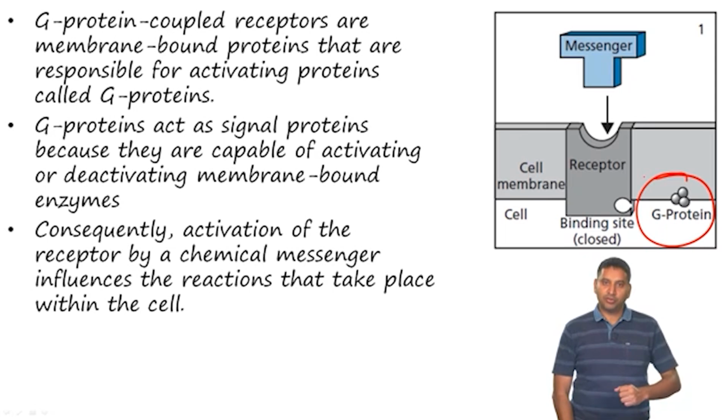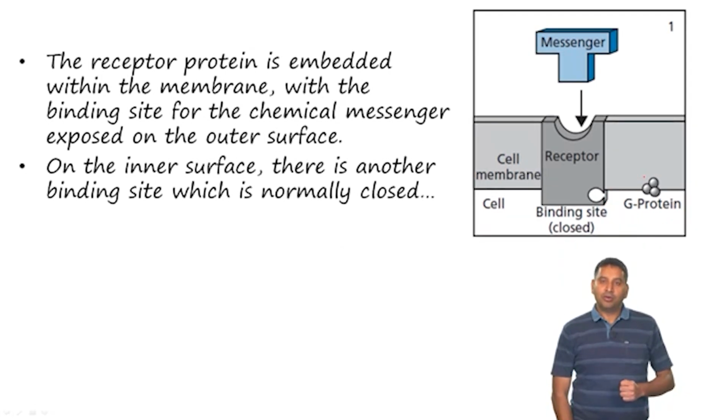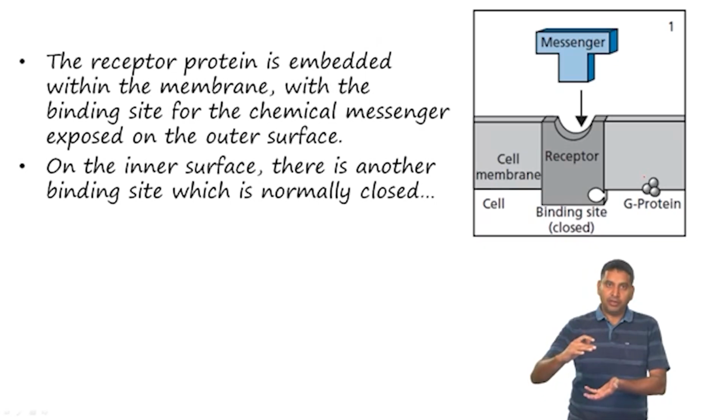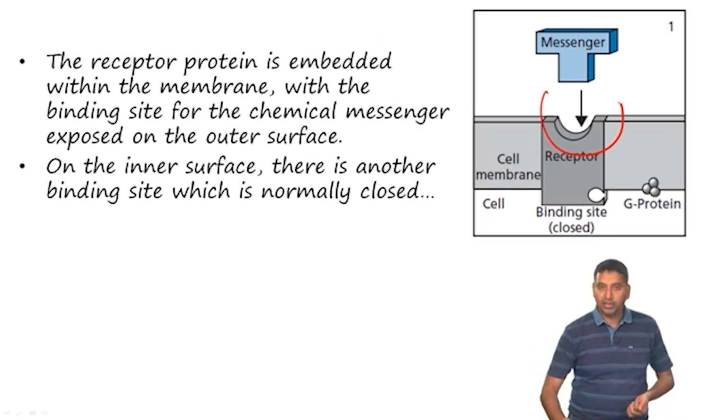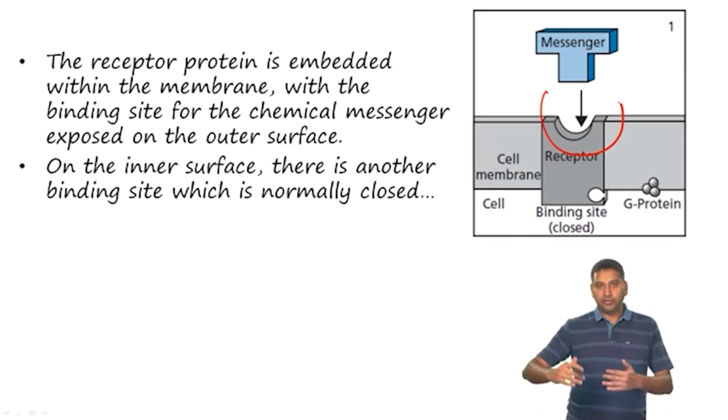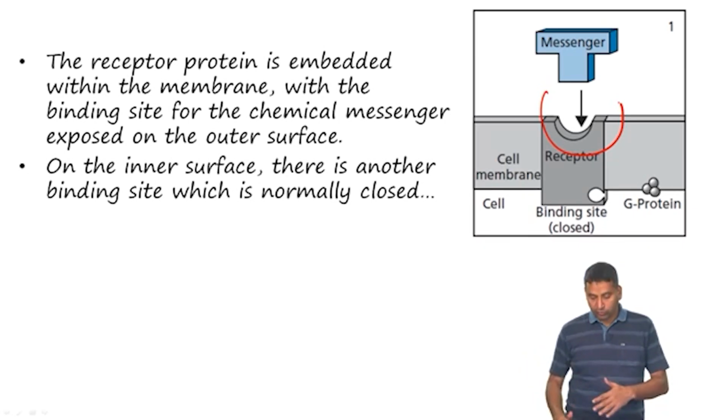So, let us look at this process now. What happens initially is that the receptor is embedded within the membrane and it has a binding site. On the inner surface there is another binding site which is normally closed.